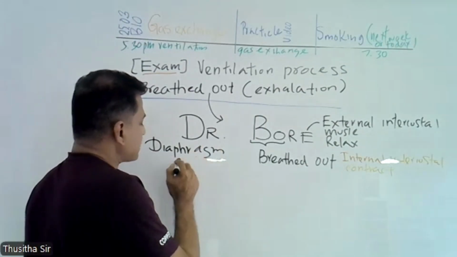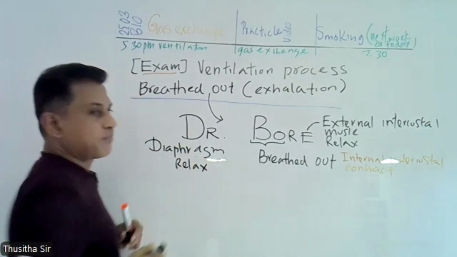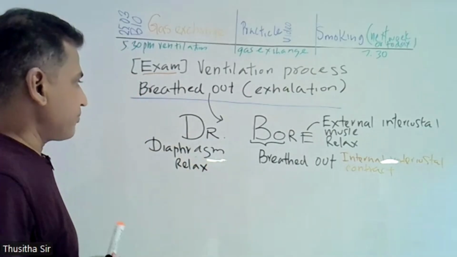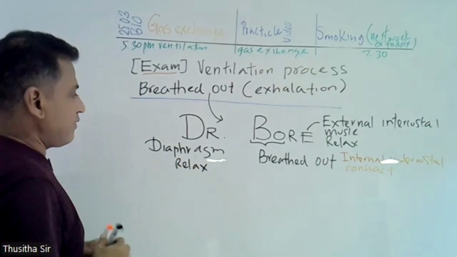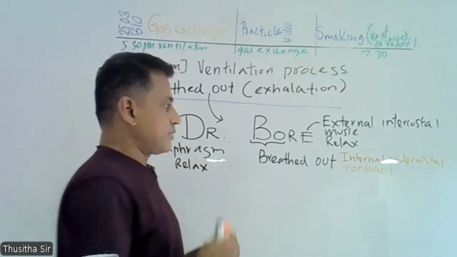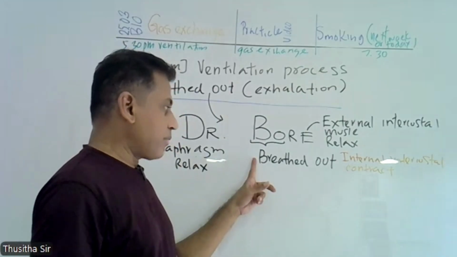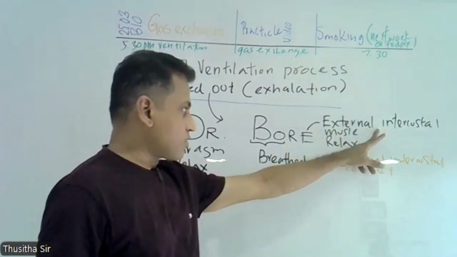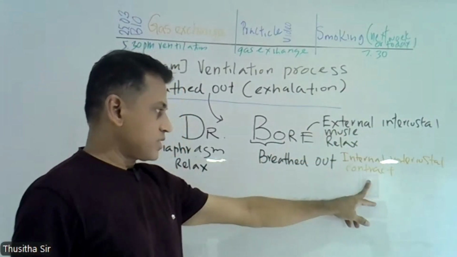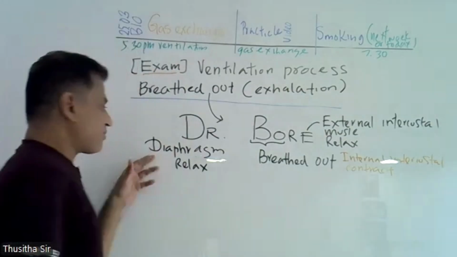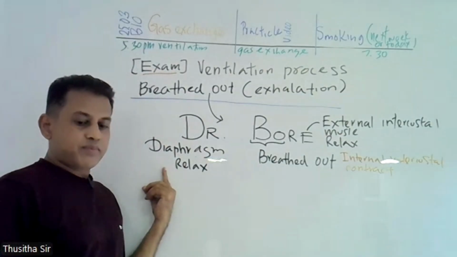Diaphragm, R, relax. Diaphragm relaxes. Right, now we have the steps. One, breath out: external intercostal relax, internal intercostal contract, and the diaphragm relaxes.